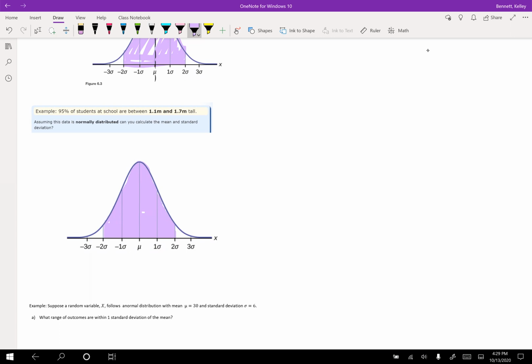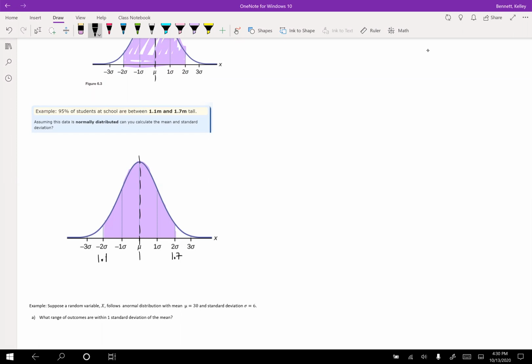Because they're telling us that these 2 standard deviations, this purple region, go from 1.1 to 1.7. So this is a bit of a challenge problem to start off with. I think things will get easier once we pin down what we're doing.